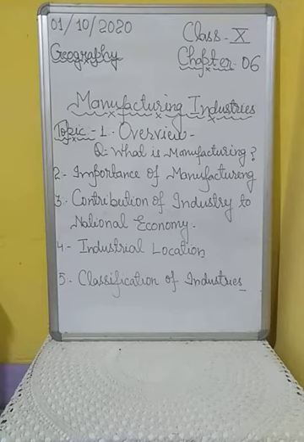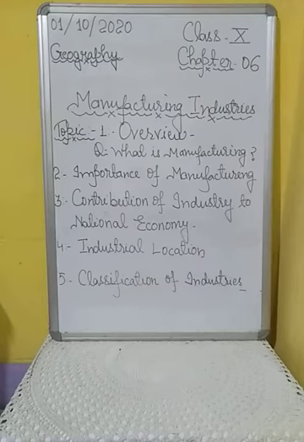And you know very well that the process of manufacturing is related to the secondary activities, and how the secondary sector is very important for the growth of the Indian economy, and the economic strength of a country is also measured by the development of manufacturing industries.